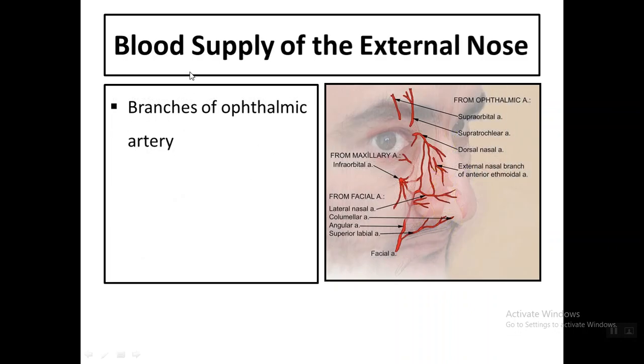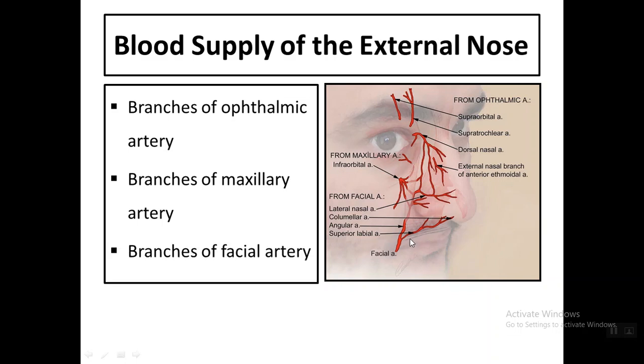The blood supply of the external nose is derived from branches of the ophthalmic artery, branches of the maxillary artery, and branches of the facial artery. The facial artery gives a branch called the superior labial artery, which gives the septal branch of the superior labial that supplies the septum of the external nose.